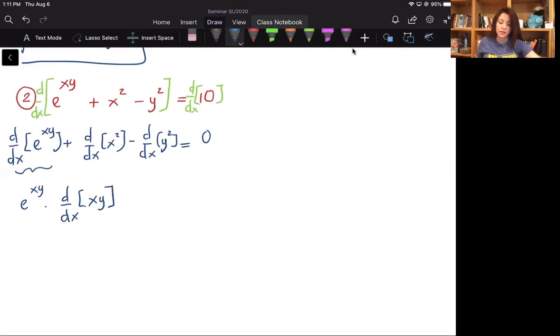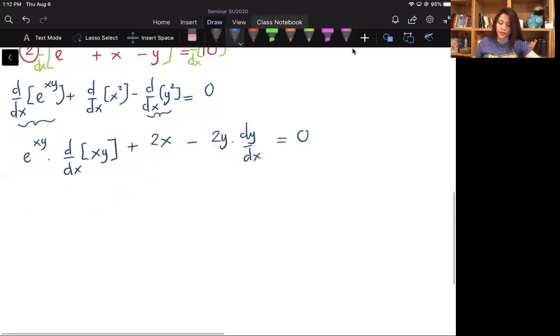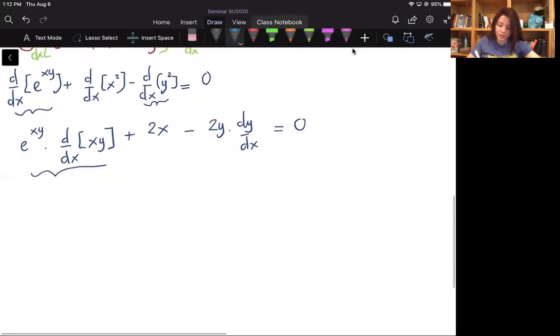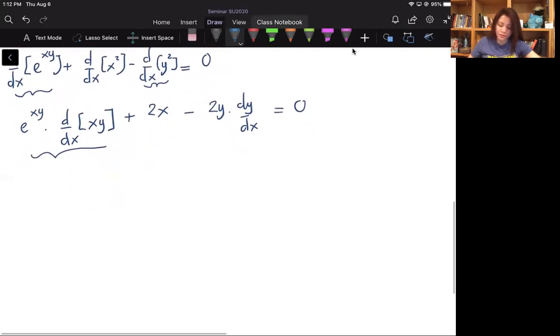You can use that notation, or you can use (xy)'. Plus the derivative with respect to x of x squared, which is just 2x, and the derivative with respect to x of y squared is 2y times dy/dx, equals 0. The first term is kind of messy, so we're going to do it slowly.